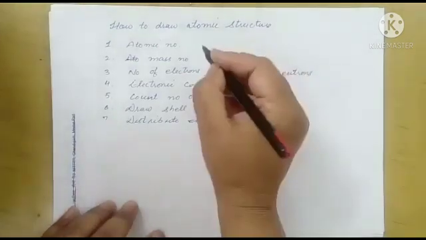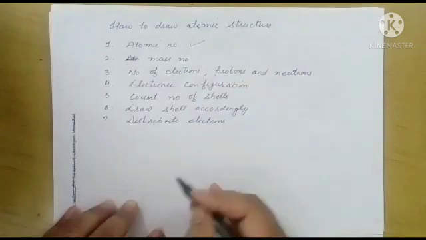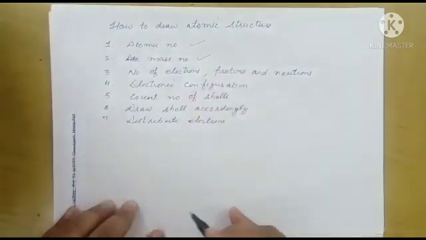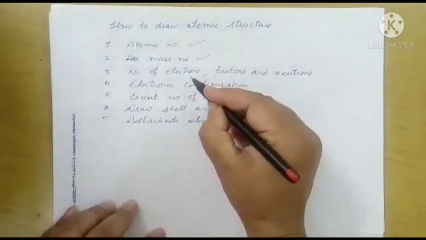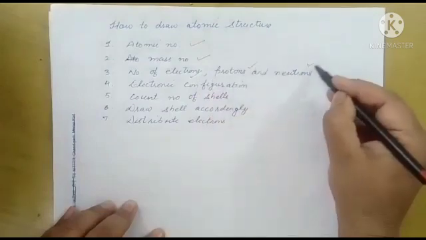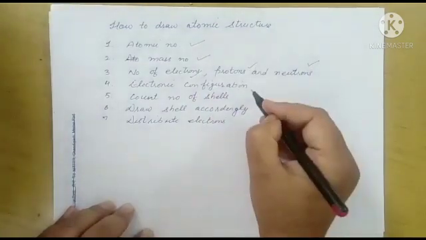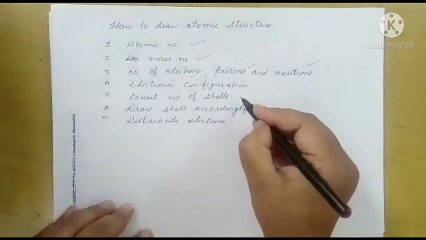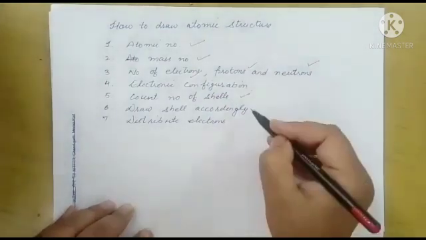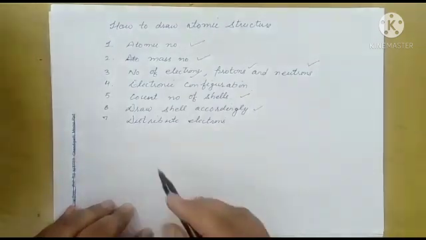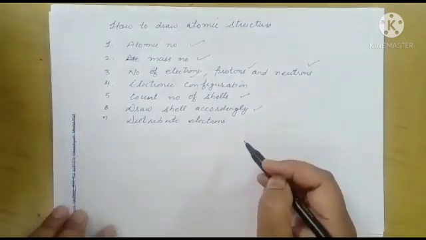For this, first of all, we should know the atomic number, then the mass number, then the number of electrons, protons and neutrons, and then we count the number of shells, draw the shells accordingly and distribute electrons.